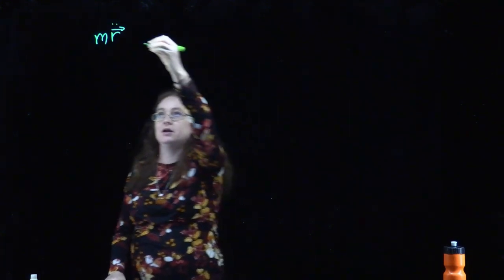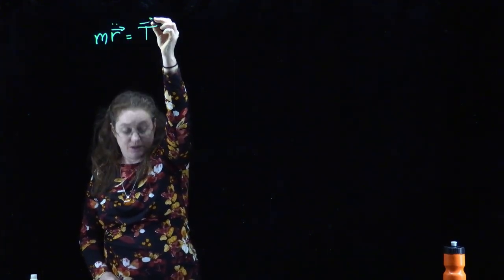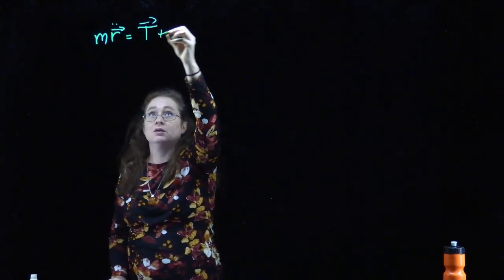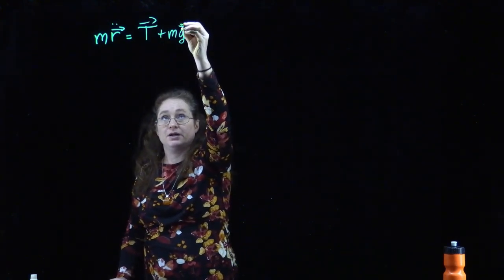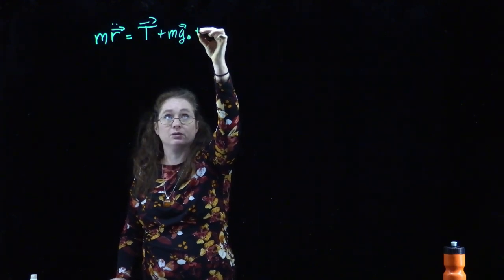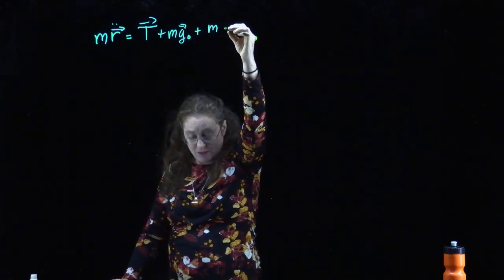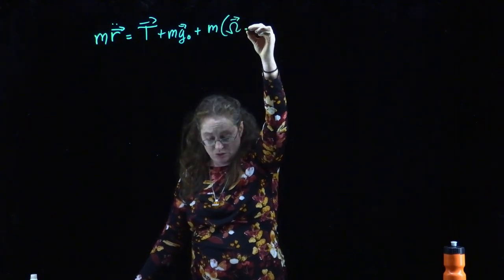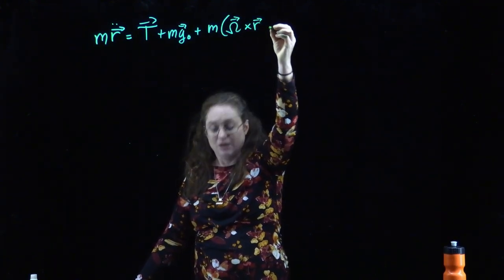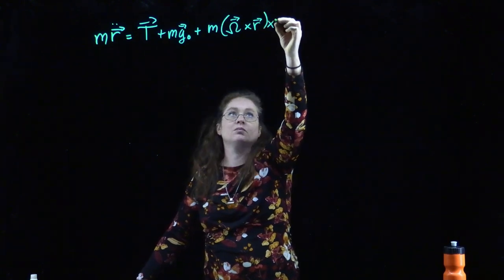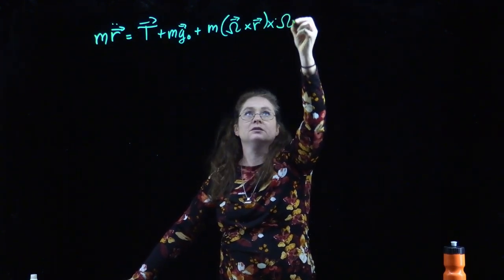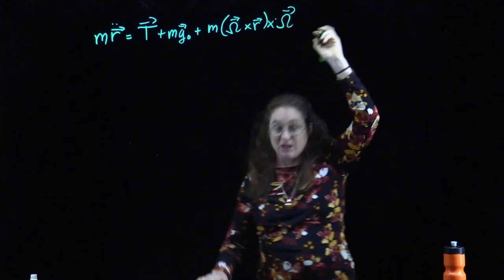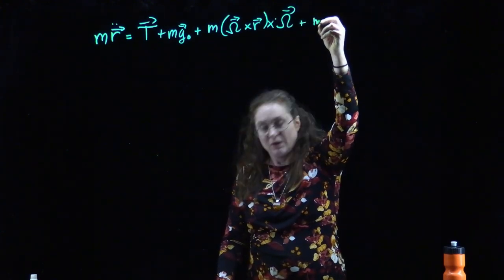And then the net force on this is the tension plus gravity. We're actually going to use the same trick that we did before and lump the centrifugal force in with gravity and call it effective gravity.